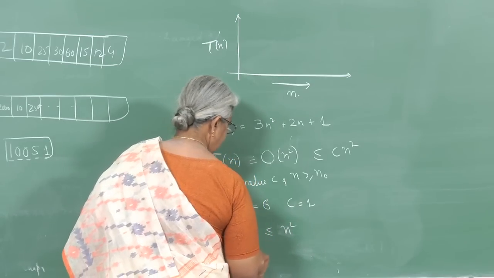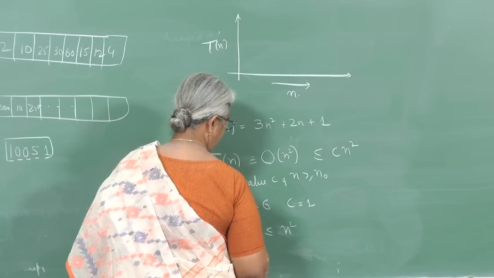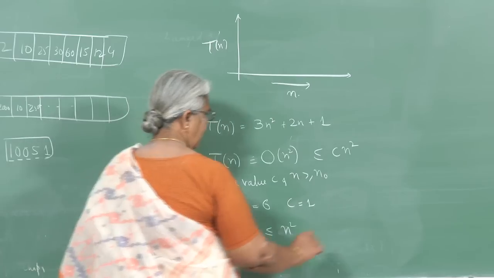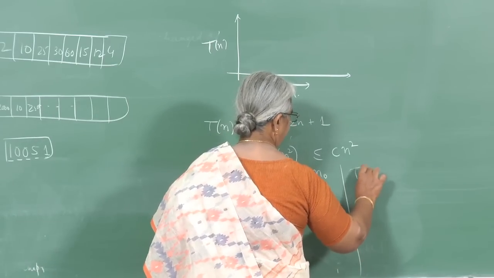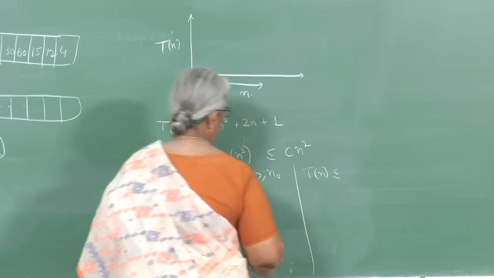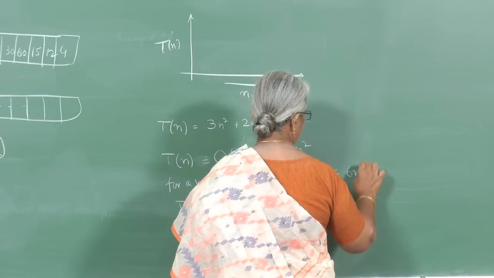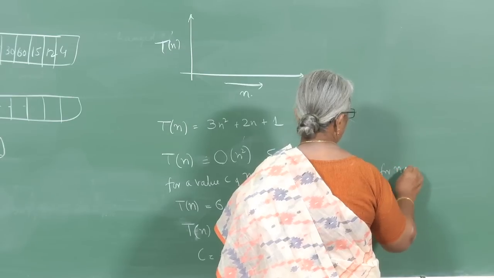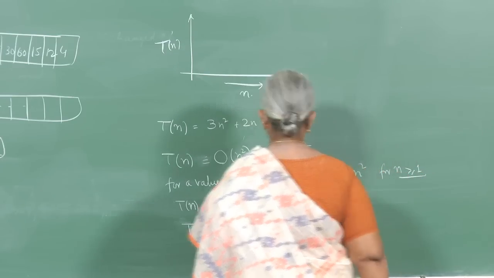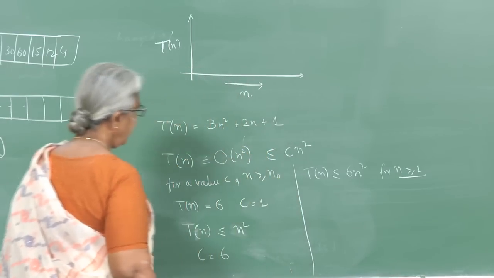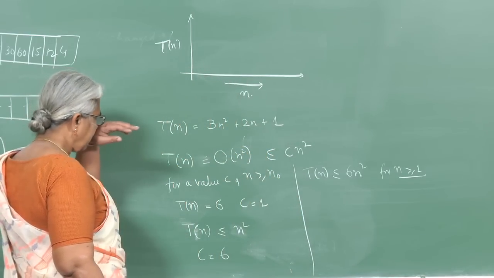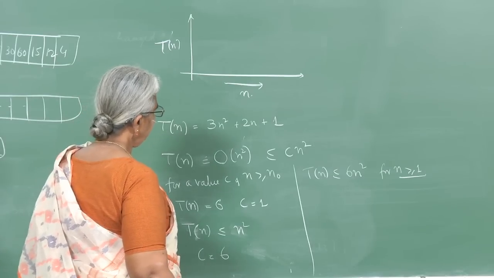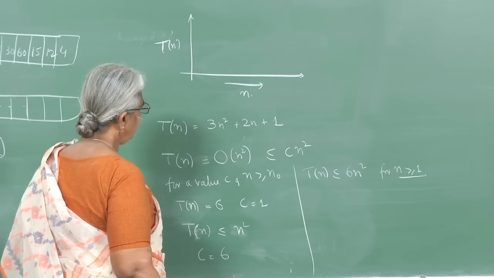For example, suppose I have taken c is equal to 6 for that matter, then I would have got T of n is less than or equal to 6 n squared for n greater than or equal to 1. Okay. So, basically what we are saying is, now what happens for n equal to 2, 3 and so on?